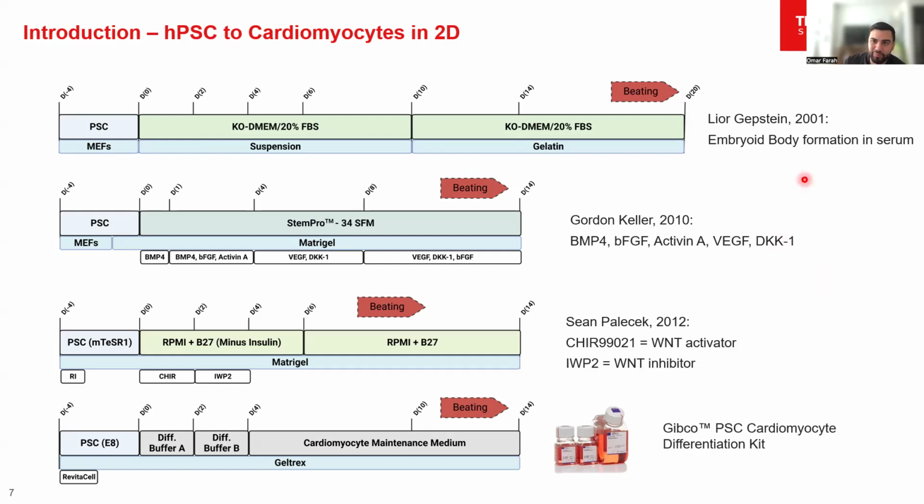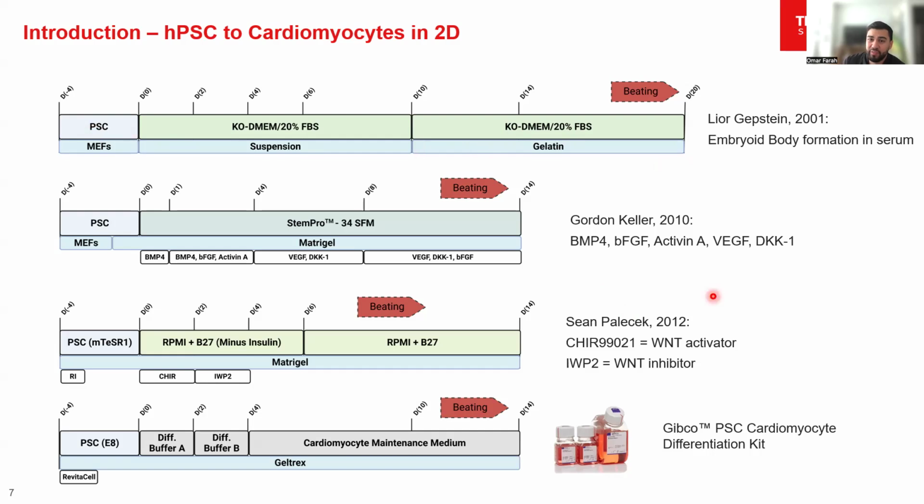So around 25 years or so ago, Gepstein published a protocol on how to take PSCs and, through the formation of embryoid bodies, differentiate them into beating cardiomyocytes using FBS. This was a little bit of an older system, and a little bit hard in terms of efficiency to generate these cells.